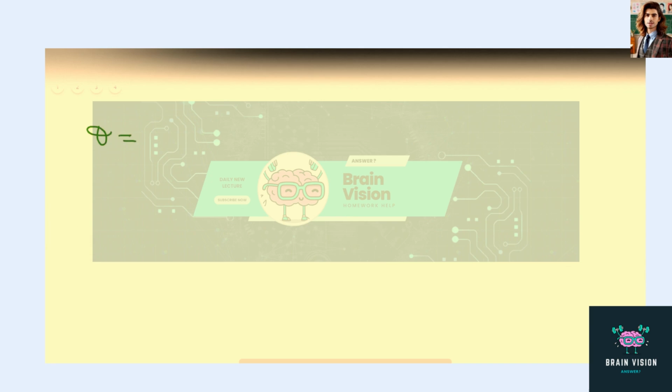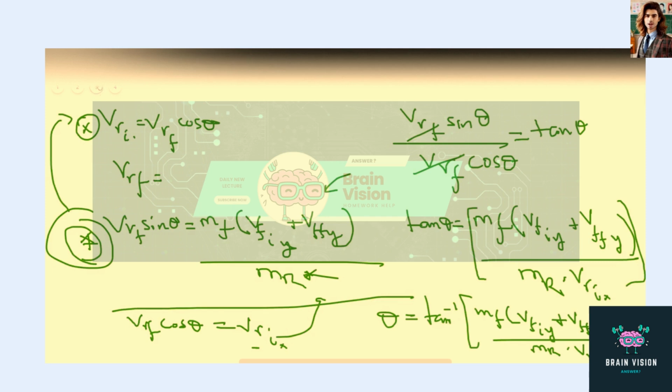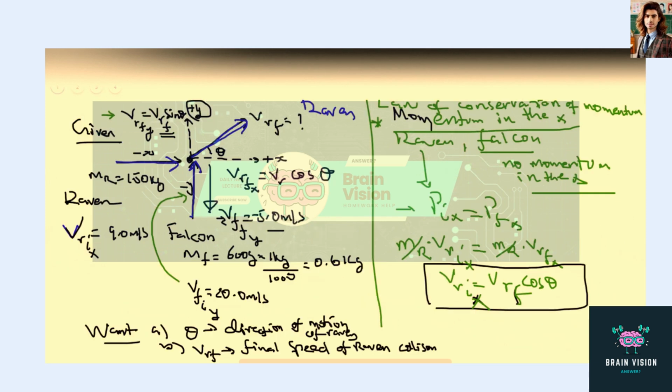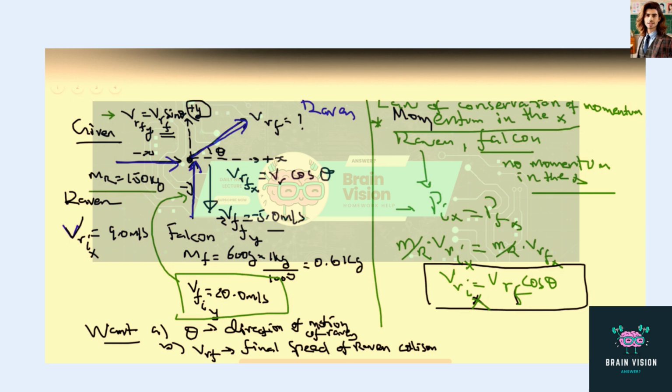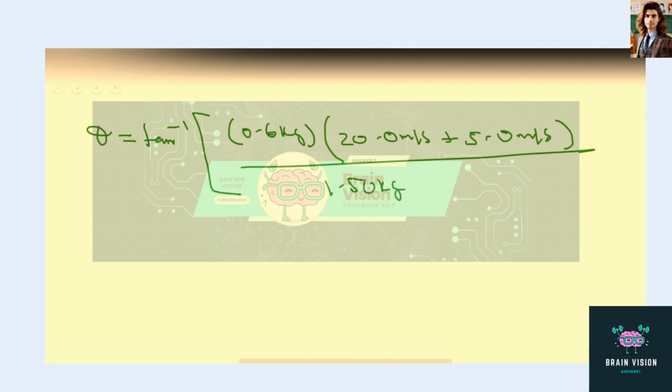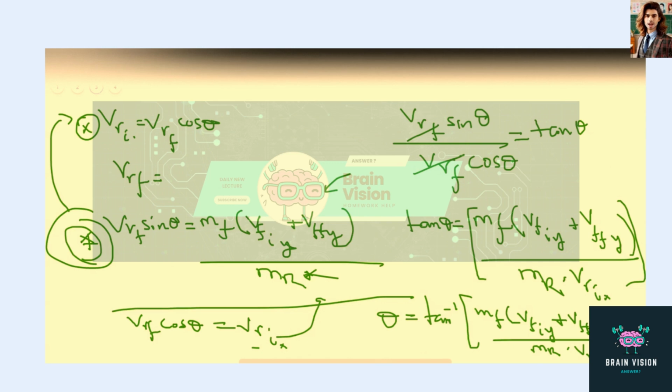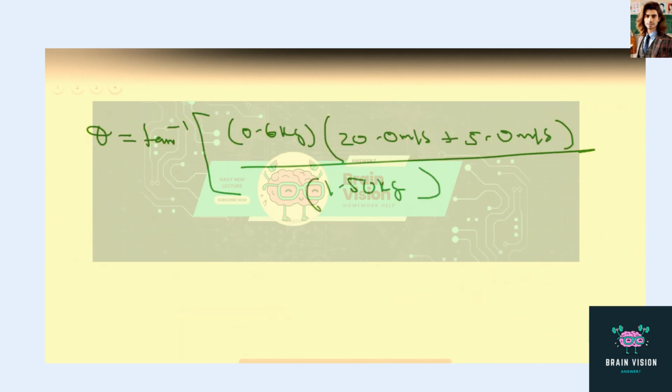So theta becomes equal to tan inverse of 0.6 kilograms, that's the mass of the falcon, times the initial velocity of the falcon in the y, and that, remember, happened to be 20.0 meters per second, plus final velocity of falcon in the y direction, over the mass of the raven, which is 1.50 kilograms, times initial velocity in the x of the raven, which is 9.0 meters per second.